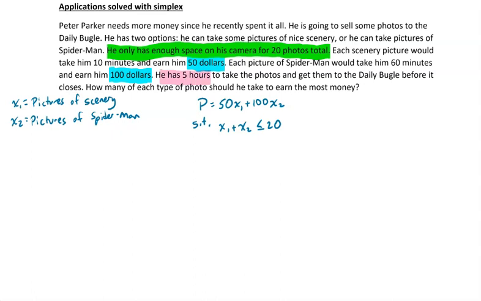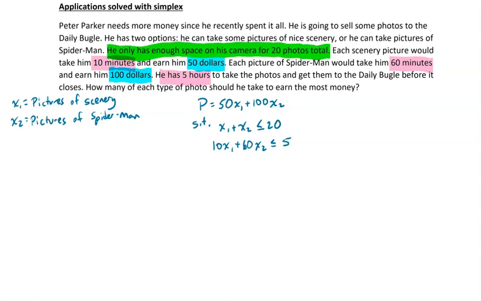The other thing that we can't go past is he has 5 hours before he has to get them to the Daily Bugle. If he only has 5 hours, then we have to make sure we get it before then. So if the scenery pictures take 10 minutes and Spider-Man pictures take him 60 minutes, then to put that in an inequality, we have 10 minutes for every scenery picture, so that's 10x1, plus 60 minutes for every Spider-Man picture, so that's 60x2, is less than or equal to 5 hours.